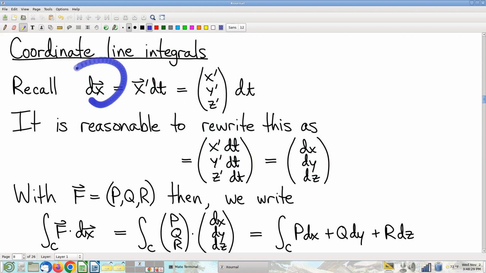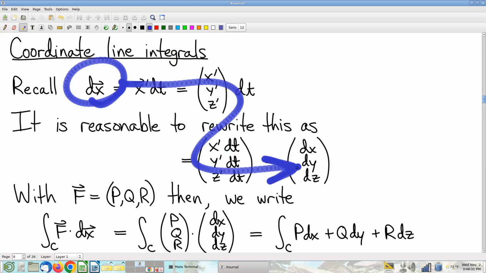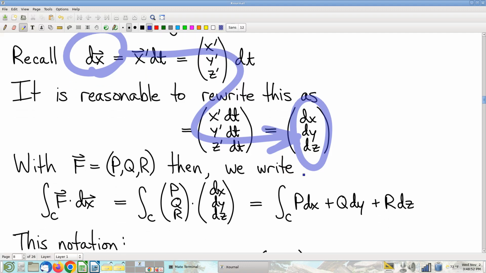So what we've got all together then is an alternative notation, what you might call a coordinate notation, for our position differential, previously understood only in a vector sense, right? Our dx vector. So, okay, no big deal. But look what happens if you sub that into your notation for a vector line integral.